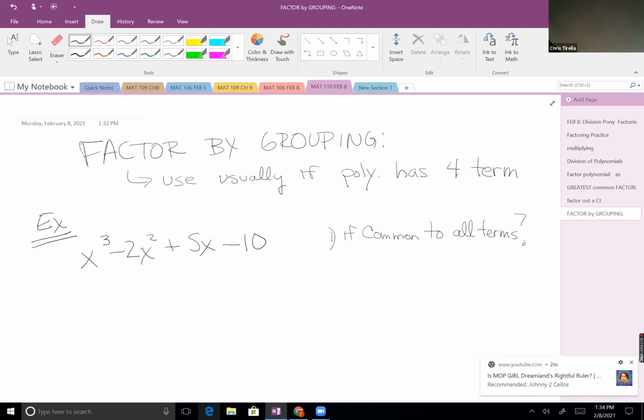And with this one, the answer is no. Then, if there are 4 terms, I start by splitting it into 2 binomials.